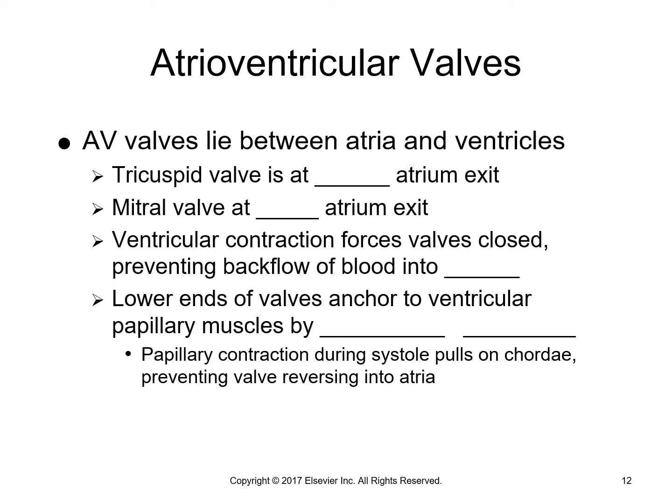Okay, so we're going to talk about the AV valves, which are the atrioventricular valves. I don't know, we just say AV valves, and sometimes I don't think about the proper pronunciation. So we have the AV valves. So basically that's the valves that are lying between the atria and the ventricles.